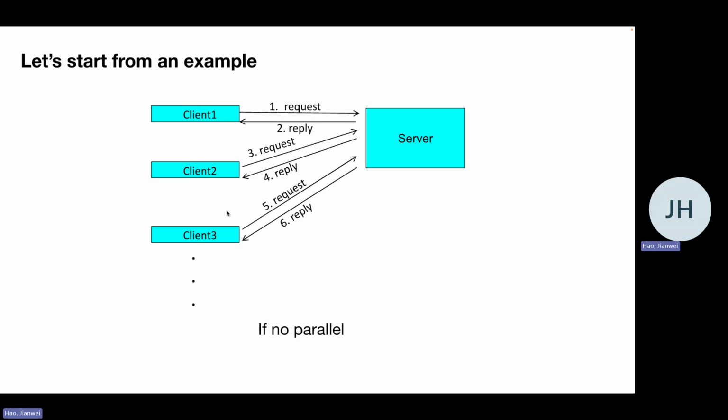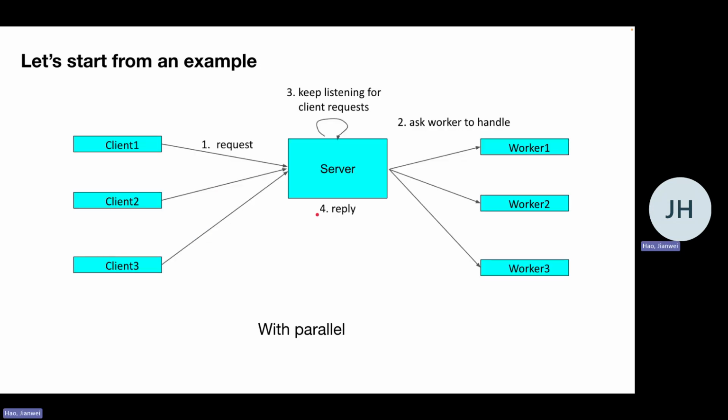If there is no parallel processing capability in the server, then the server will have to process each client's request one by one. For example, client 1 first, then client 2, and then client 3. But if we have parallel, we can let the server process multiple requests simultaneously.